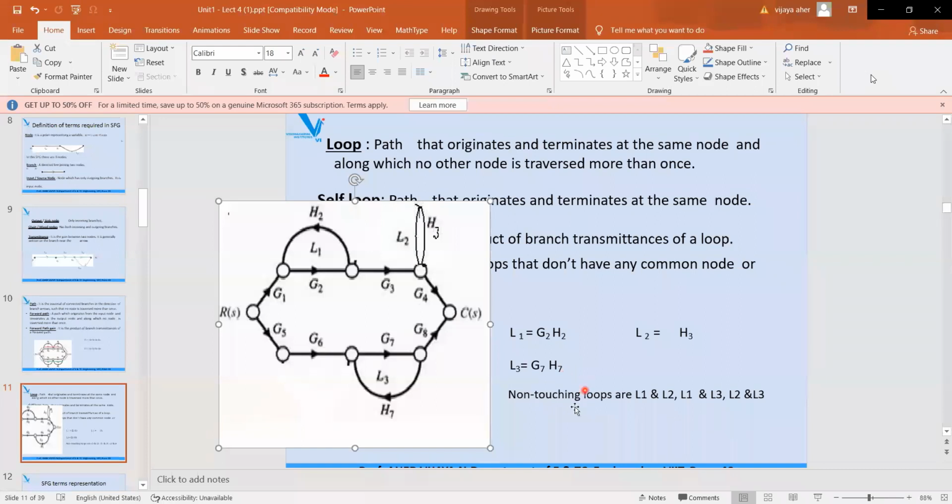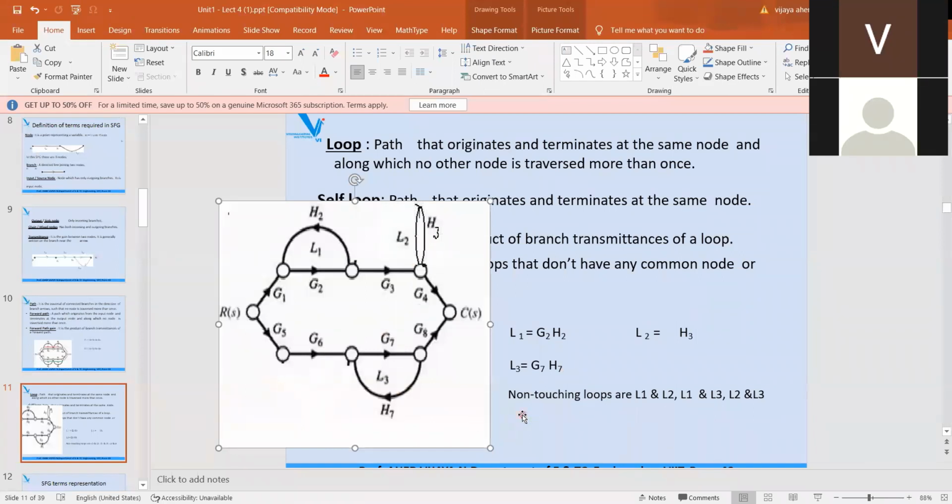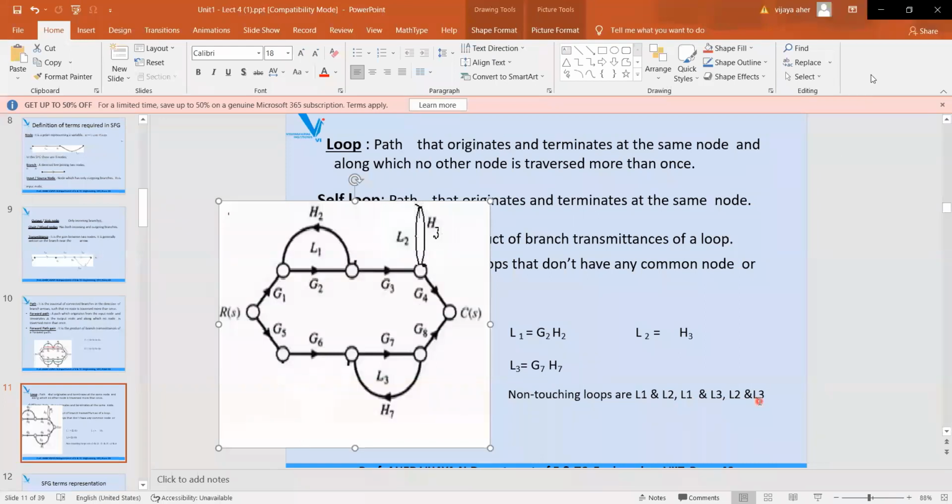Now see which loops are non-touching, that is, which do not touch each other, in the same example. L1 and L2 are non-touching loops, L1 and L3 are also non-touching loops, and L2 and L3 are also non-touching loops. So we have written here that the non-touching loops are L1 and L2, L1 and L3, L2 and L3.